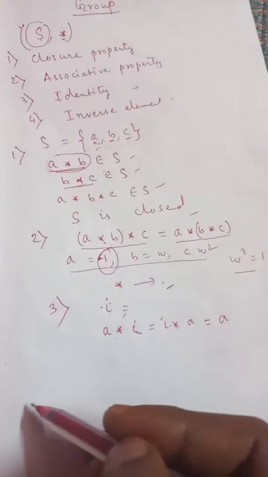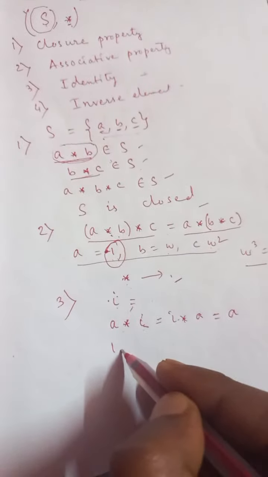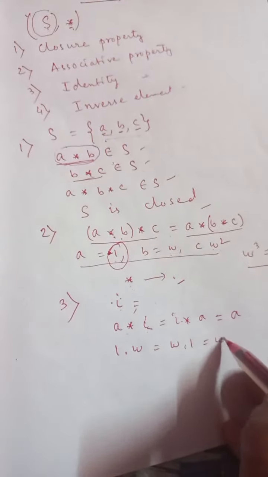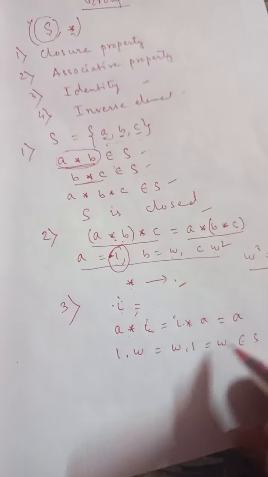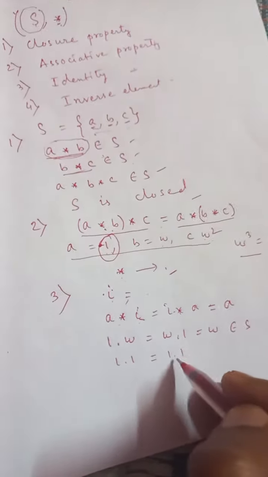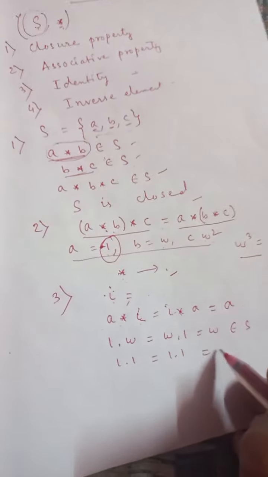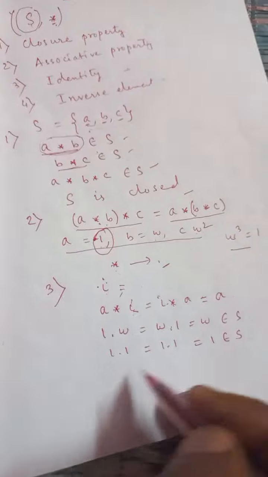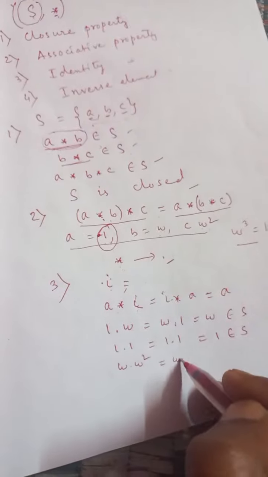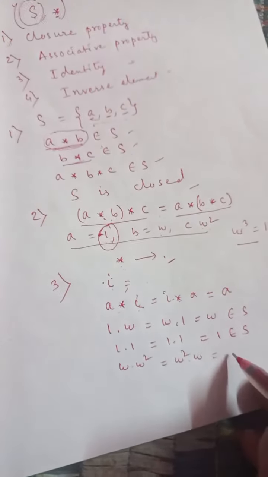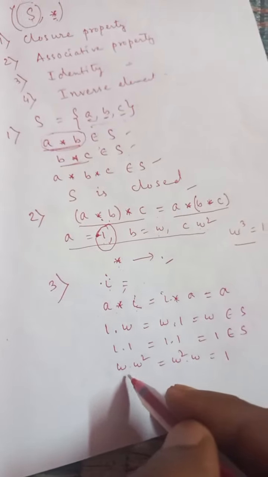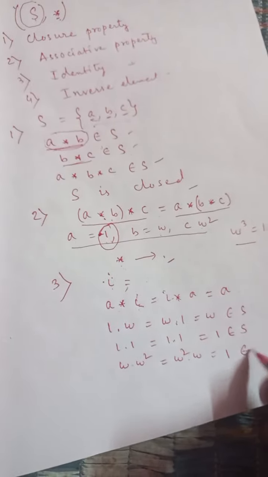Since 1 times omega or omega times 1 is equal to omega, omega belongs to set S. 1 times 1 under multiplication is equal to 1, which belongs to set S. And 1 times omega square or omega square times 1 is omega square, and omega cubed is 1. So 1 belongs to the set, yes.